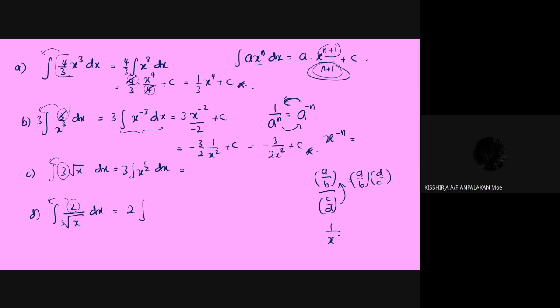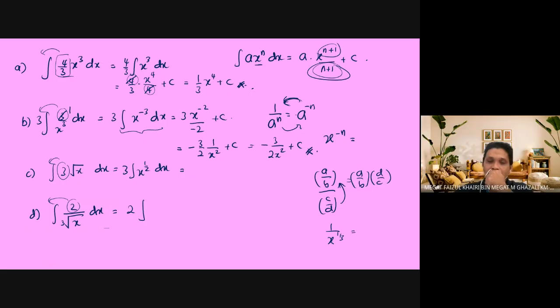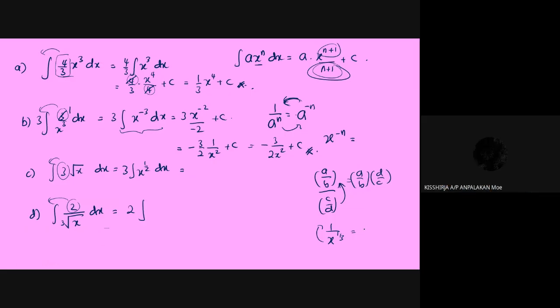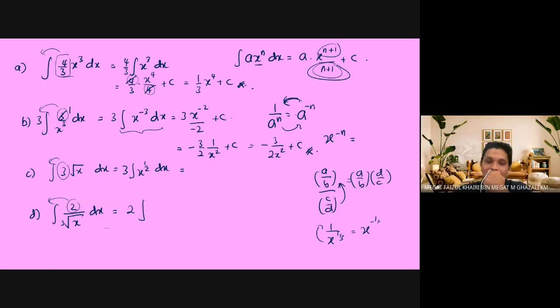Bring this above, what will happen then? x to the power of negative 1 over 3. Good, you learn fast. So now the 2 has been taken outside, and the rest has become x to the power of negative 1 over 3 with respect to x.